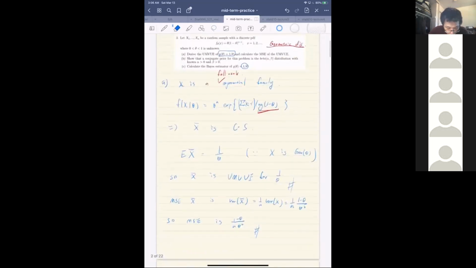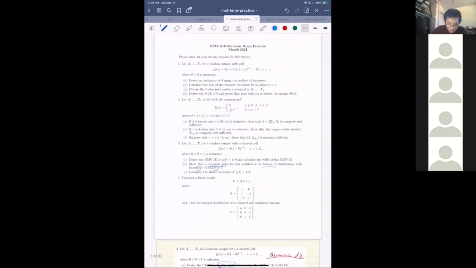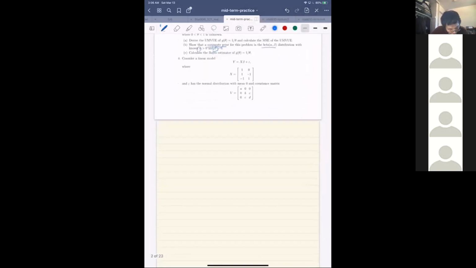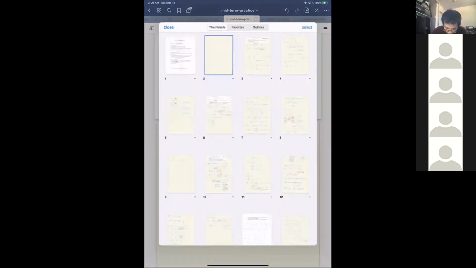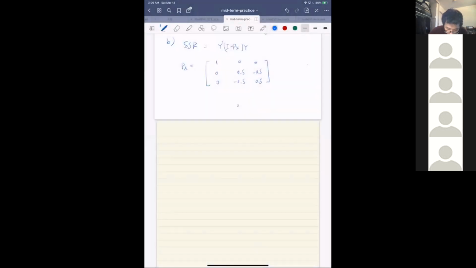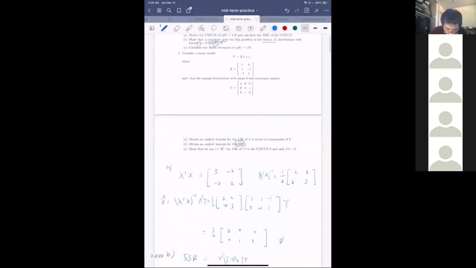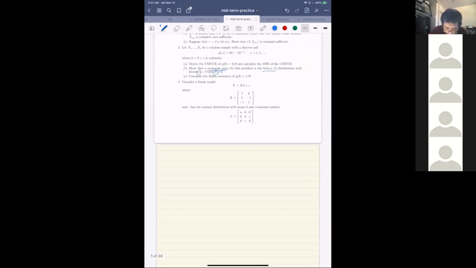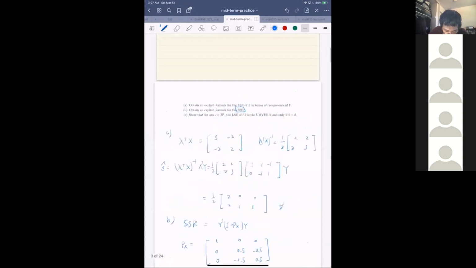So the next question is about the linear model. Okay, so we have this. We have the matrix, and we have to find the least squares estimator in terms of y.